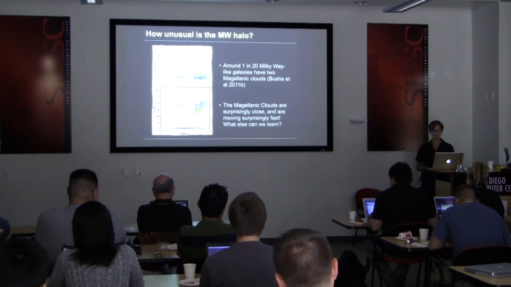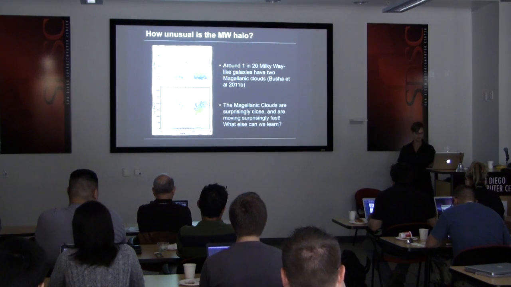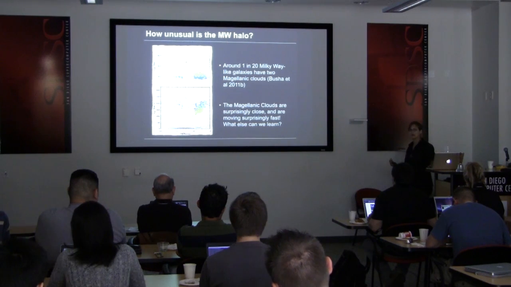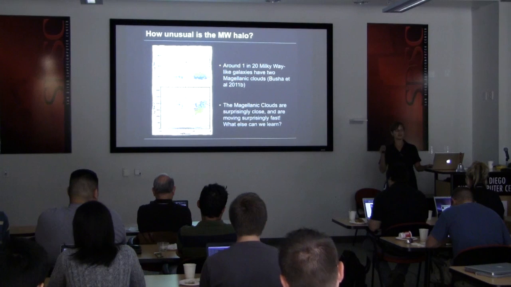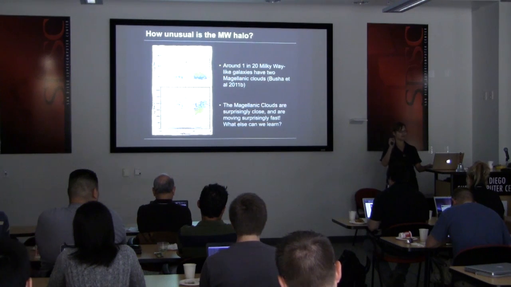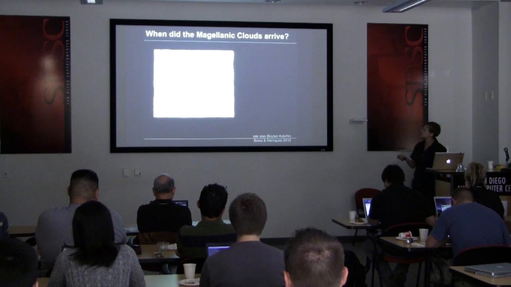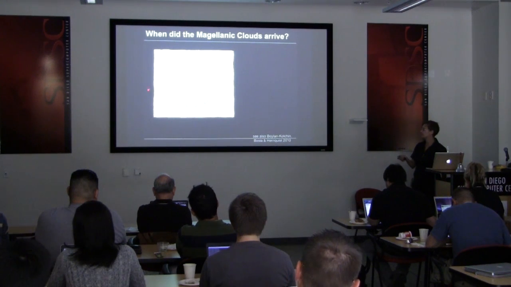And you might ask then, when did the Magellanic Clouds arrive? Well, it turns out that the typical time when Magellanic Clouds arrive is different for all things that have two satellites than it is for the things that have two satellites that are weighted by these velocities. And this is what we get. This is the probability of the time of accretion as a function of look-back time.